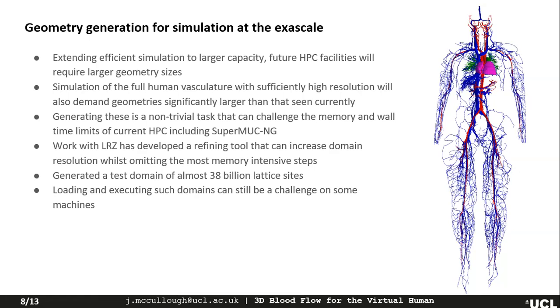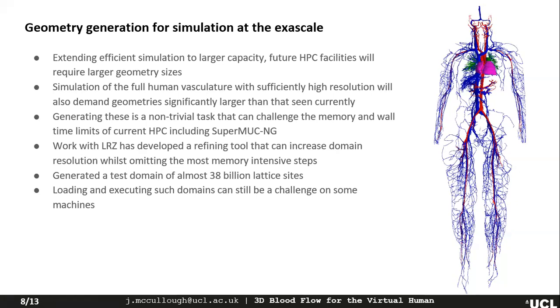However, generating domains of this size is not a trivial task and challenges the memory and wall and allocation limits of current HPC systems, not just SuperMUC, but this is a more broad problem.